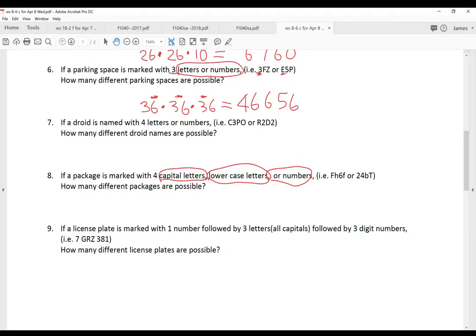Okay, so example is given right there. I'm sure you've seen this in packages or I don't know, confirmation number or something. So there are 4 spaces to fill now. Okay, so again, if you look at the example FH6F, so there has to be a 4 spaces to fill.